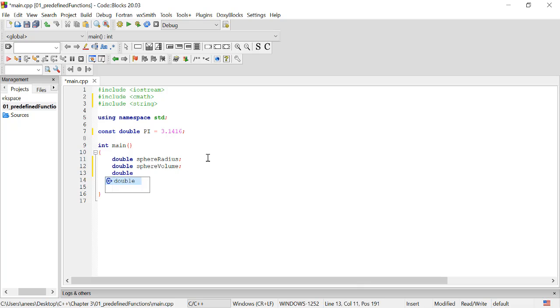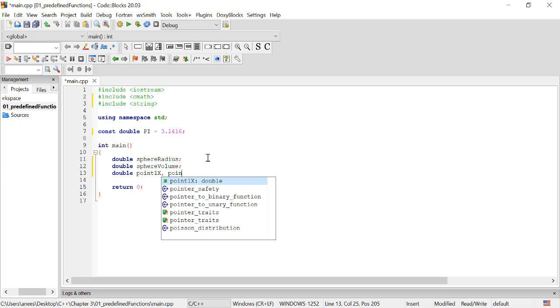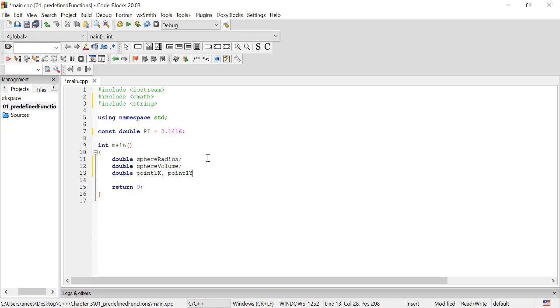double point 1x, comma point 1y, double point 2x, comma point 2y, and double distance.